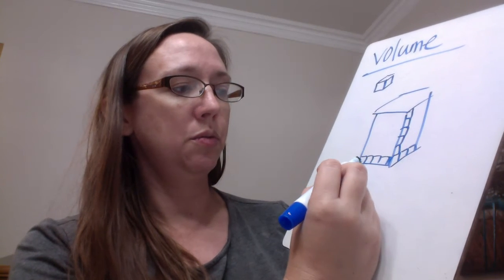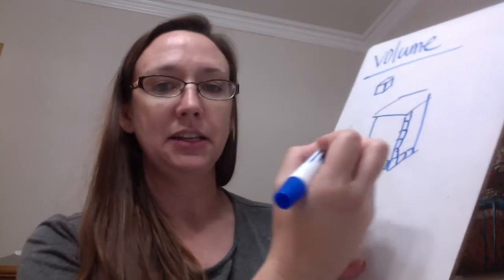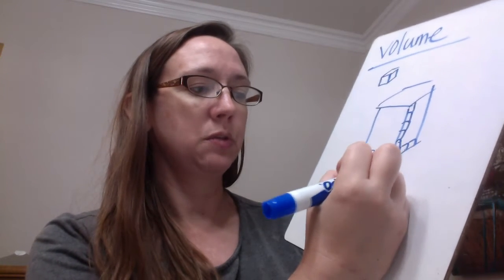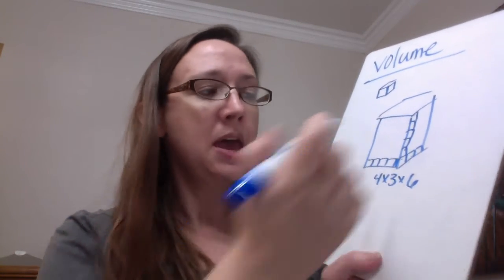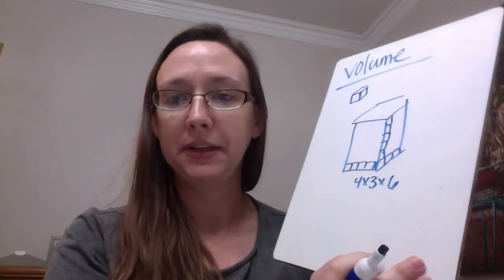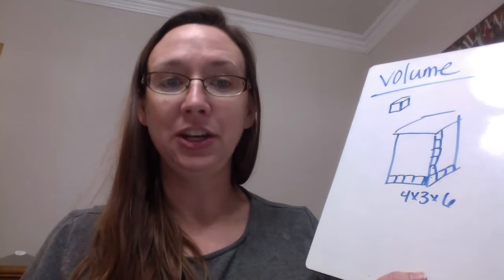So you would do 4 times 3 times 1, 2, 3, 4, 5, 6. You would multiply 4 times 3 times 6. How many fit on the bottom? So you would just count the number at the bottom and then multiply by how many go up on the top.